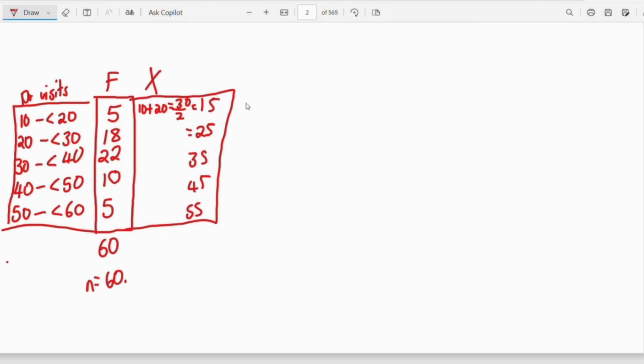So this is your midpoint. Now, remember our formula said we need the sum of fx, so we can have f times x. So this is 5 times 15.